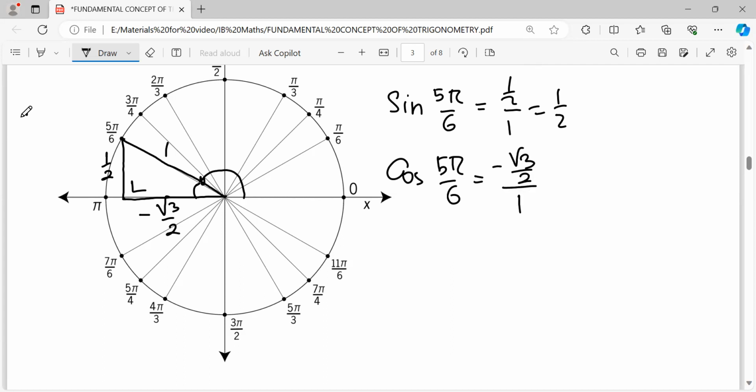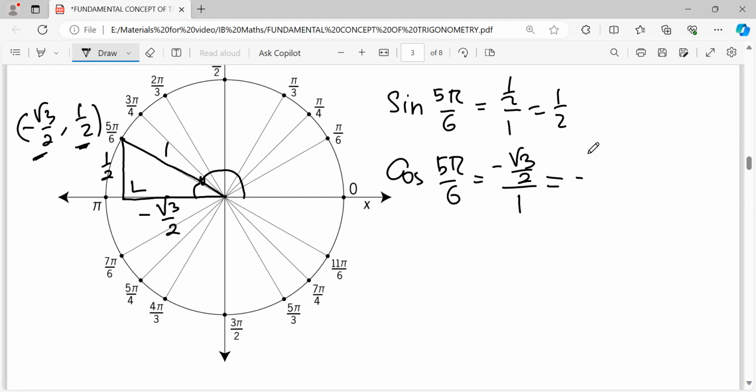I forgot to write down the coordinate point. The coordinate point is negative square root 3 over 2, comma, half. These are the values of sine 5 pi over 6 and cosine 5 pi over 6.